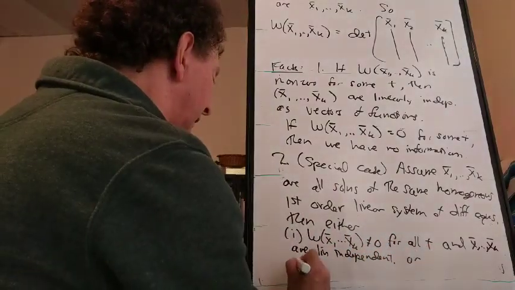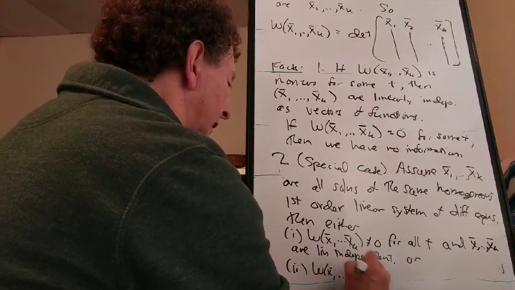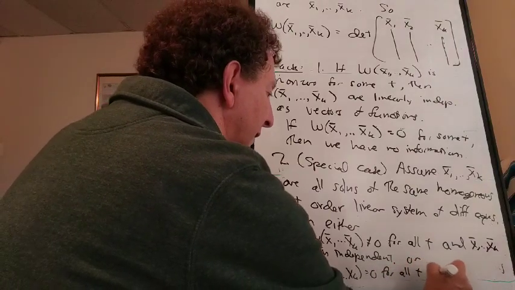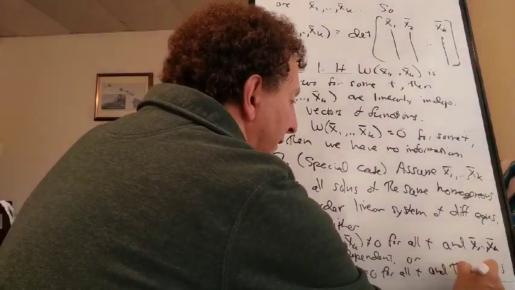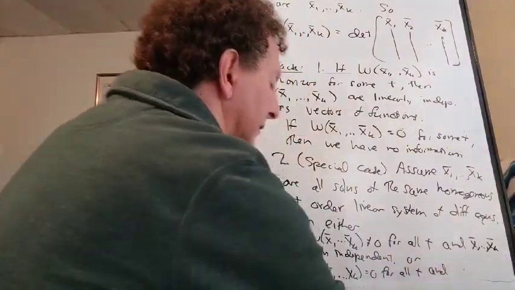Or the Wronskian is 0 for all t, and the functions are linearly dependent.